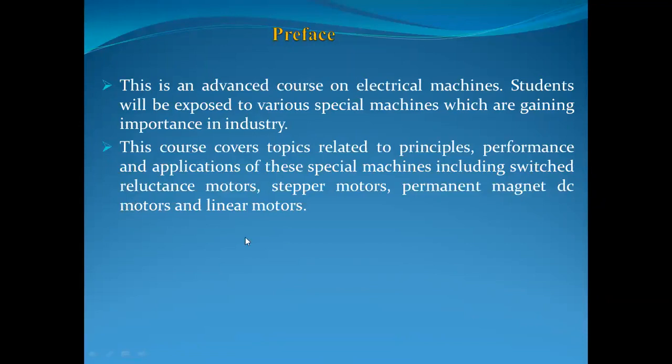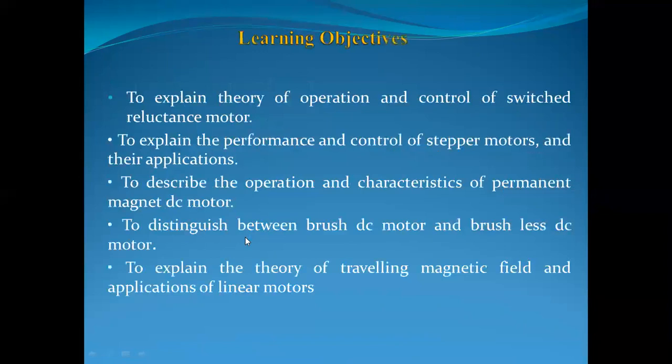The next one: what are the objectives you have to know? What is the main objective of each topic in this subject? It is the principle of operation and control of a switched reluctance motor, and also the PMDC motors, permanent magnet DC motors.